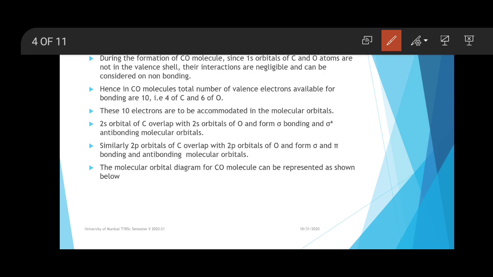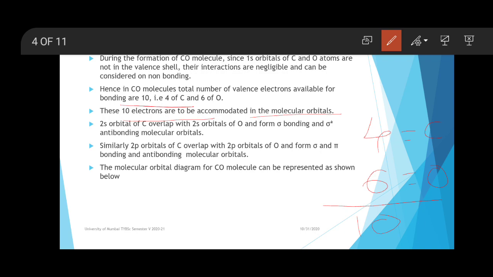Out of these, 4 of carbon and 6 of oxygen valence electrons are available for bonding. So these 10 electrons are to be accommodated into the molecular orbitals.